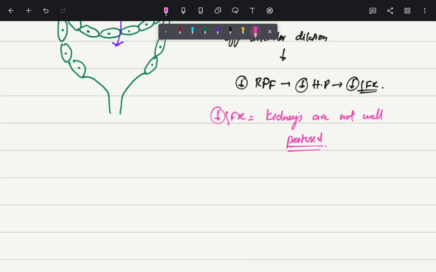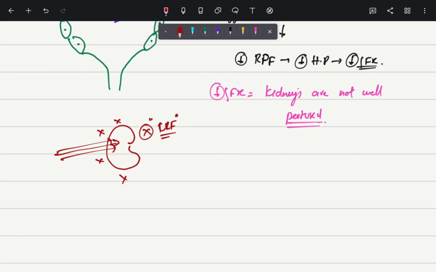Now imagine a patient who is already having renal failure. The patient is having renal failure. On top of that, there is no perfusion of the kidneys. If there is no perfusion of the kidneys, obviously the kidneys will die. There will be chronic renal failure, or there will be kidney injury.